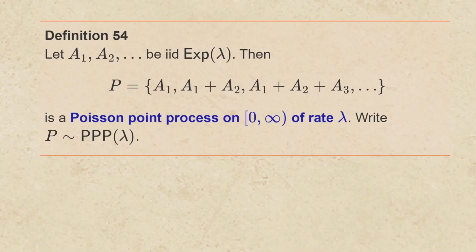And that's our definition. Let A1, A2, etc. be IID exponential with rate lambda. Then the set P that consists of A1, A1 plus A2, A1 plus A2 plus A3, etc. is a Poisson point process on the interval from 0 up to infinity of rate lambda. We write P has a Poisson point process distribution with parameter lambda.